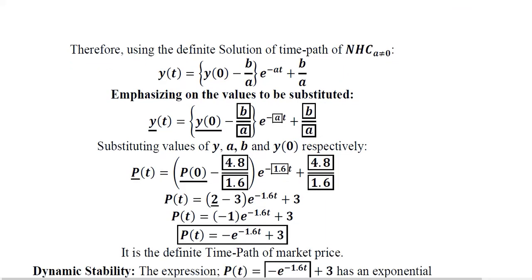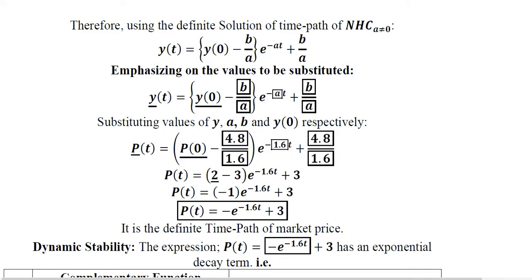Here we are, the same formula that we are trying to recall. In this case, the non-homogeneous case with a not equal to 0, we have this formula. And here the values of y0, yt can be substituted, b, a, and again a, and then b, and then a again. We can substitute these values that I have put in boxes or underlined.